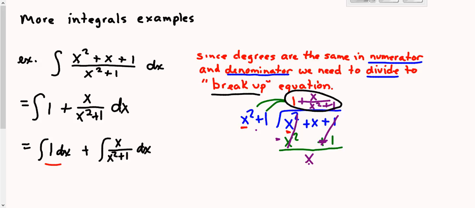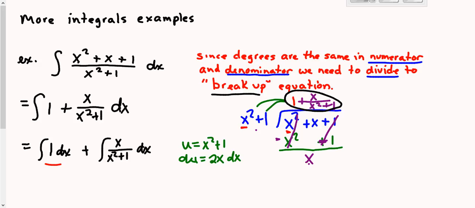We just use our regular integral rules. But over here, we have an x squared plus 1 in the bottom. So we will need u substitution here. So our u is on the bottom, x squared plus 1. And du is 2x dx.